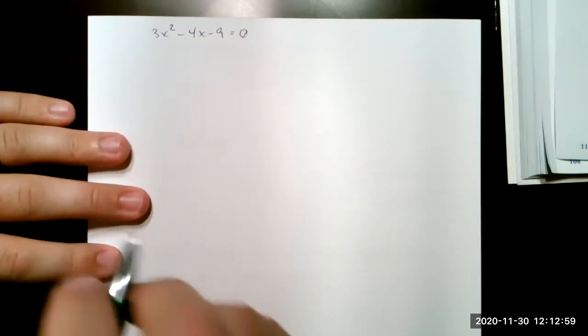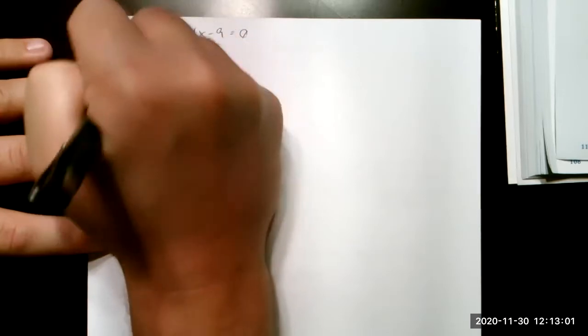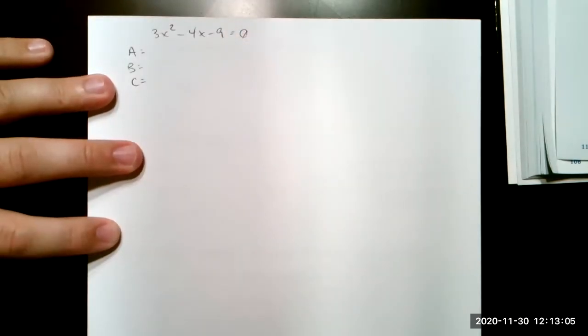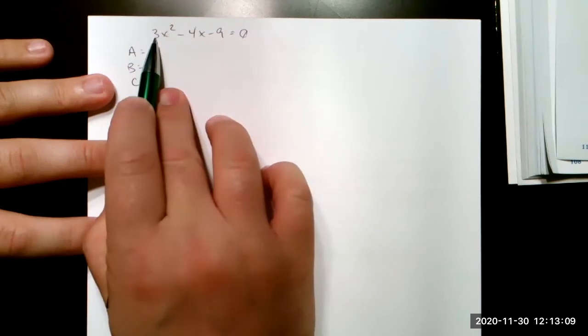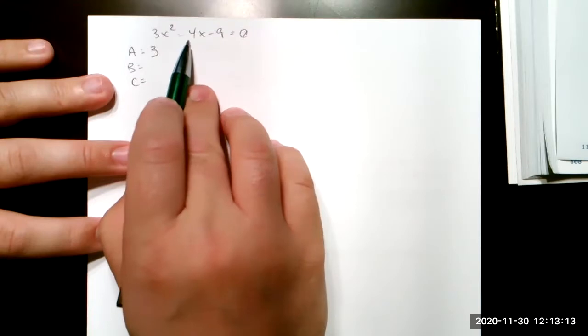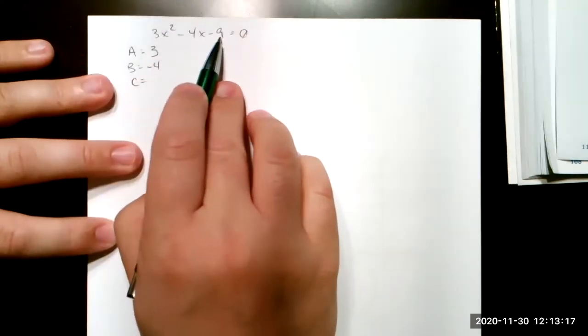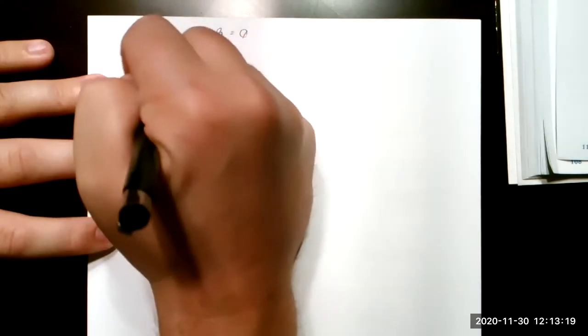All right, so I'm going to identify my A, B, and C. You might not have to do this, but this is a great first step when you're learning this, is actually write down what A, B, and C are. So in this case, A is positive 3. B is a negative 4. Watch out for that negative. And C is a negative 9, right?